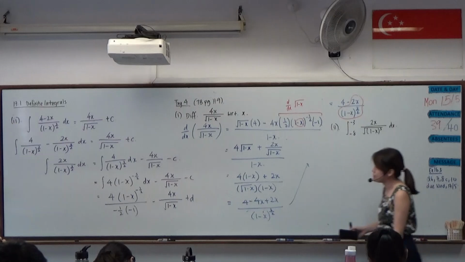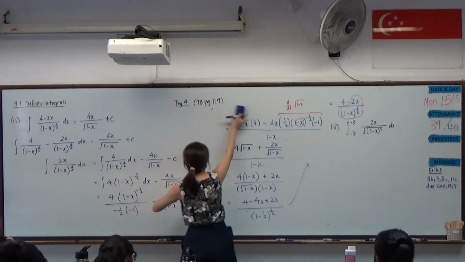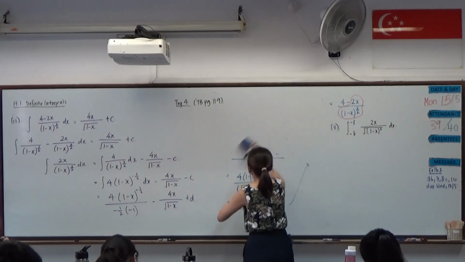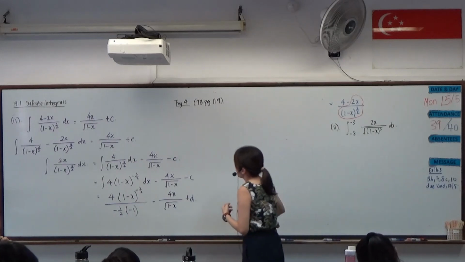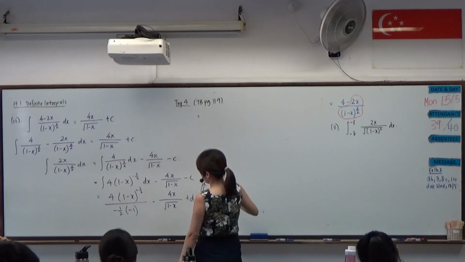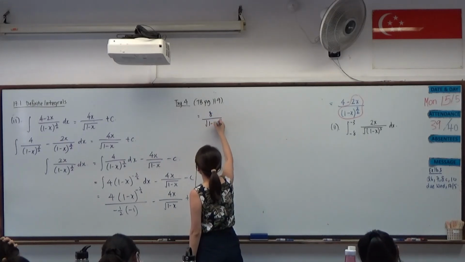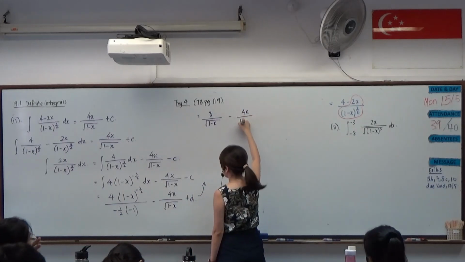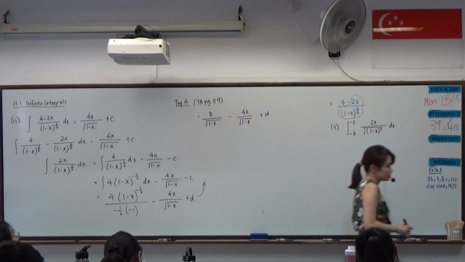Right, so we simplify this part. I'll erase this here. Simplifying it, we will get 8 over square root 1 minus x, minus 4x over square root 1 minus x, plus d.